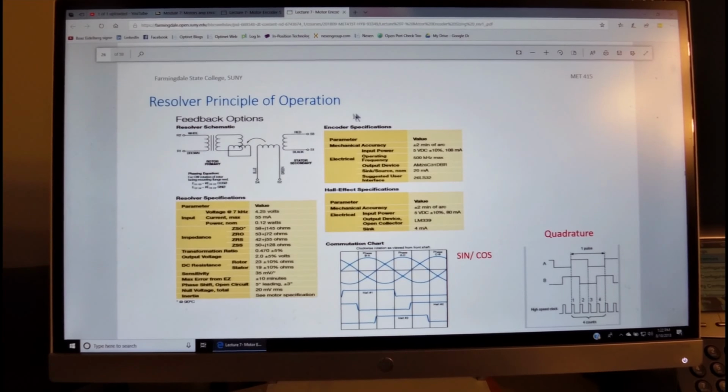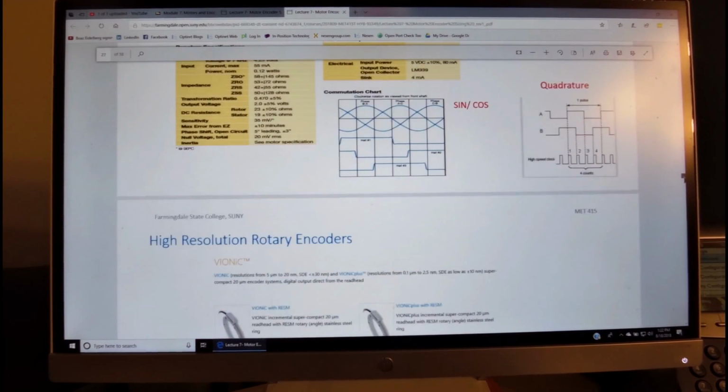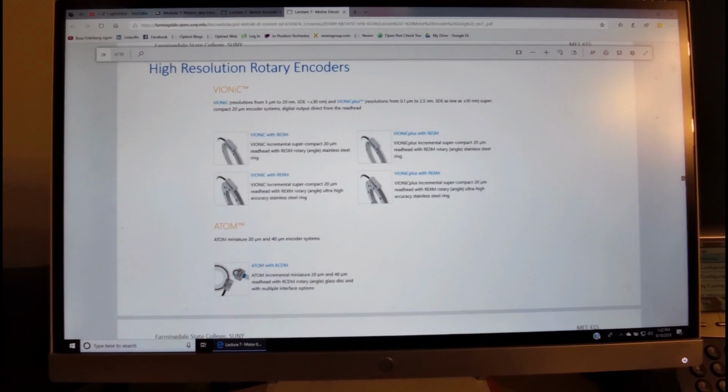The resolver uses an induced voltage in order to generate sine and cosine waves per one cycle, and then it can be resolved into its quadrature, and further by using a logic multiplier, determine the position of the device.